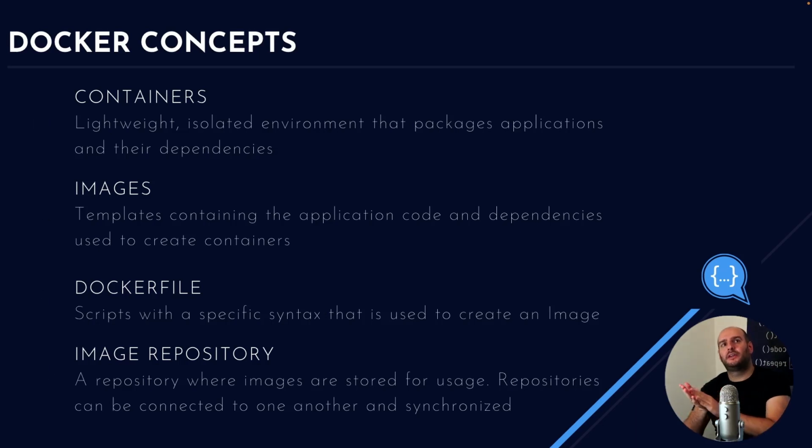So let's say your application needs Java to run, because we are running a Java application. So we need a JVM to run that application. So in a computer, you would install Java, and then you will be able to run that application.